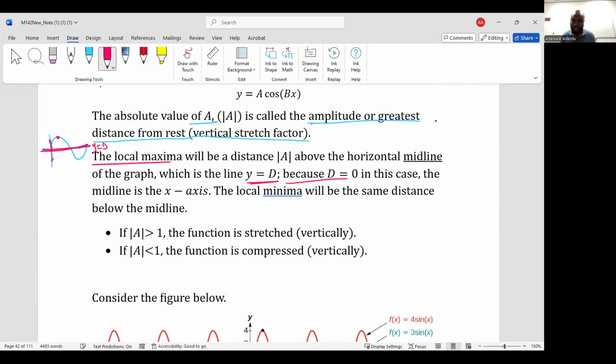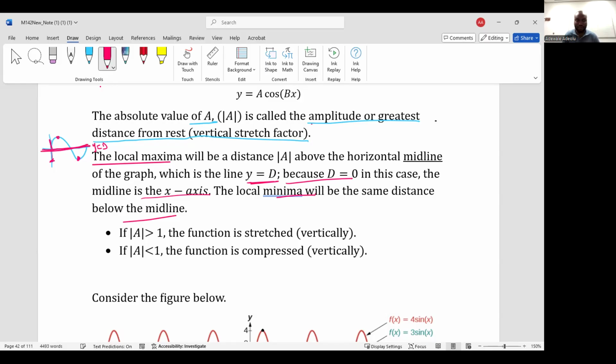In this case, because we are setting d to be 0, the midline is the x-axis. The local minima will be the same distance below the midline. This is the local minima, right?